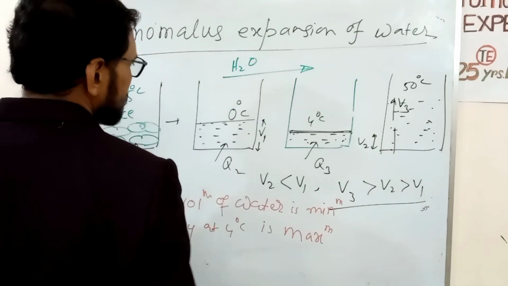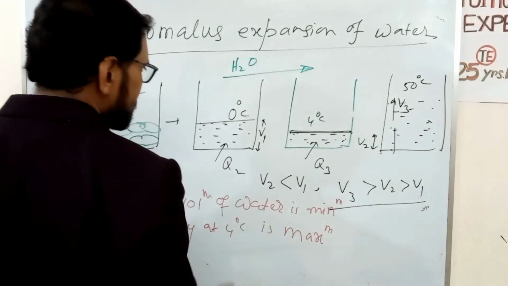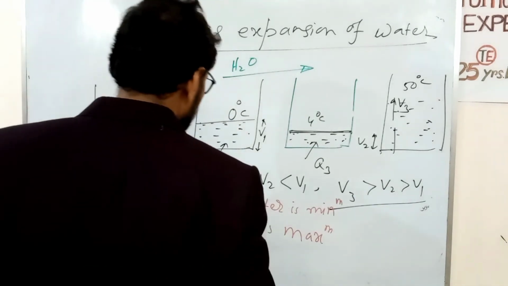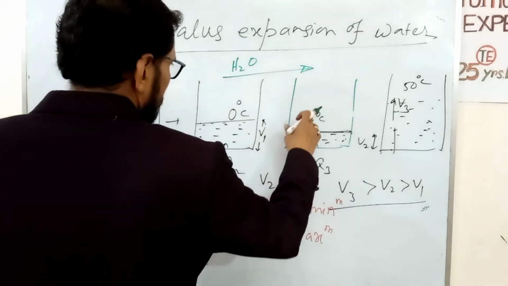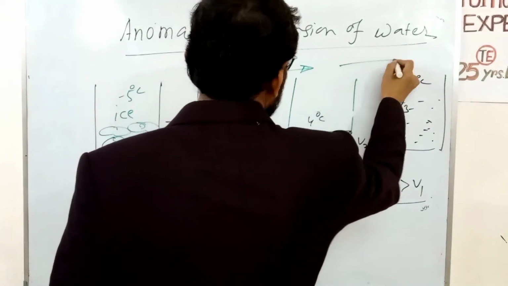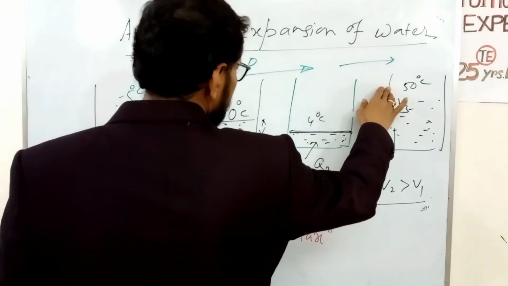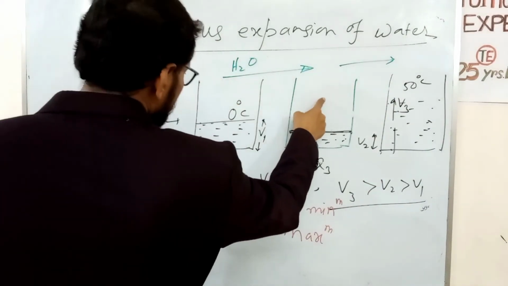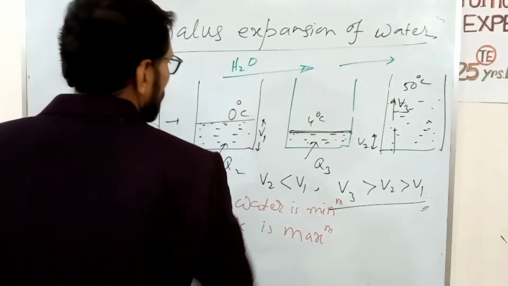But for other liquids, when the temperature rises, the volume increases. So this is the anomalous expansion of water. After 4 degrees centigrade, like other liquids, the volume increases. But from 0 to 4 degrees centigrade, this expansion is anomalous compared with other liquids. This is called the anomalous expansion of water.